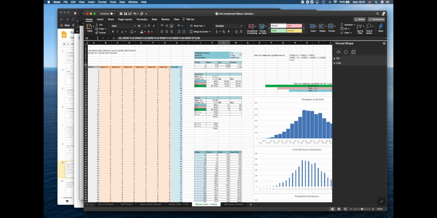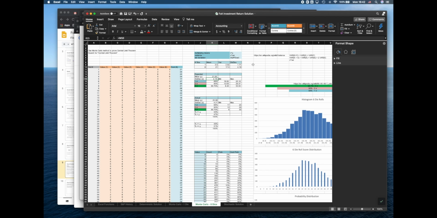We rolled 6 die, and there's a variance associated with 1 die, and so 6 times that variance is, in this case, 17.5. So we went from a variance of 2.9 to 17.5. And then the standard deviation is the square root of the variance. That's just the definition. So that means that when we roll the die, we expect to see an average of 21 and a standard deviation of 41.8.